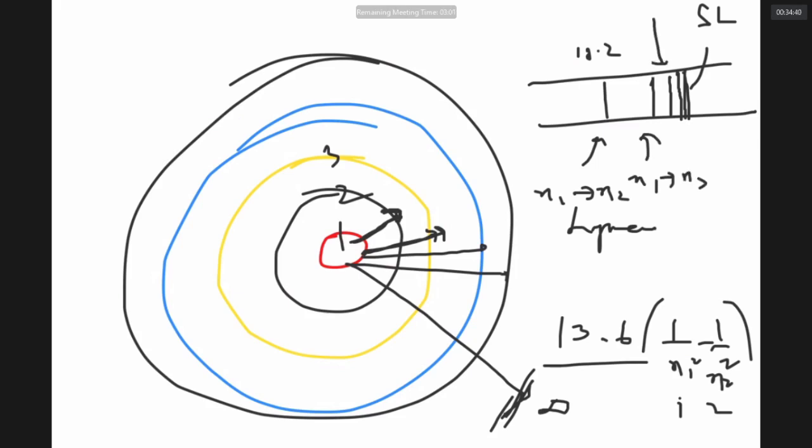Similarly, the third line is caused by the electron going from level 1 to level 4, which has still higher energy, still lower wavelength. As the wavelength of radiation is dropping, the energy is rising and the electron is going to further levels.